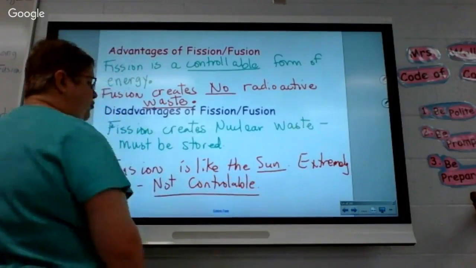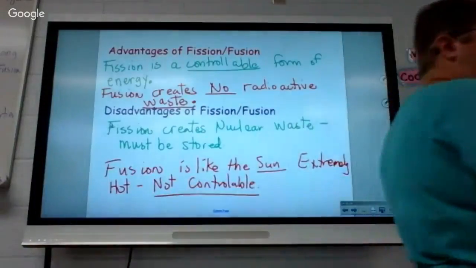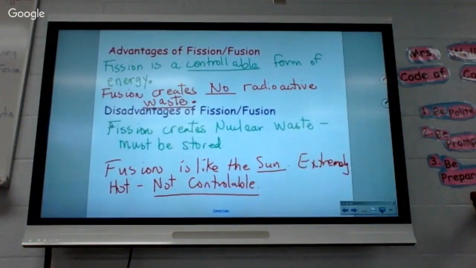We cannot control the temperatures that are associated with fusion. So even though it creates no waste, we cannot control temperatures like the temperatures on the sun. And I'm just estimating, but 20 million degrees Celsius, we can't control those here on the Earth. It would melt anything that we would even get close to.